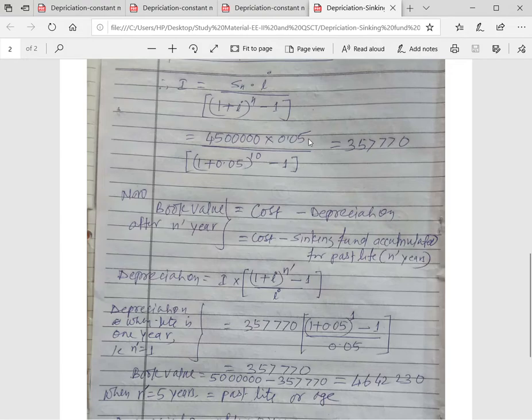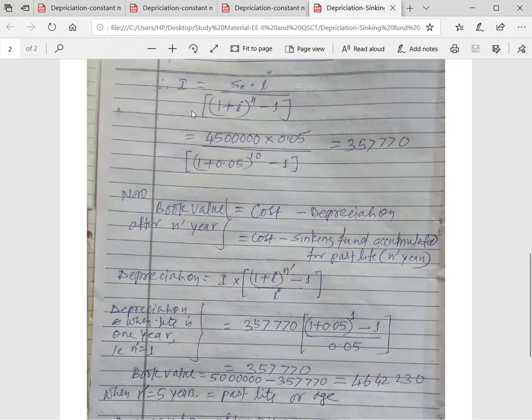After solving this we are getting 3,57,770. It is the yearly deposit or annual installment of sinking fund.